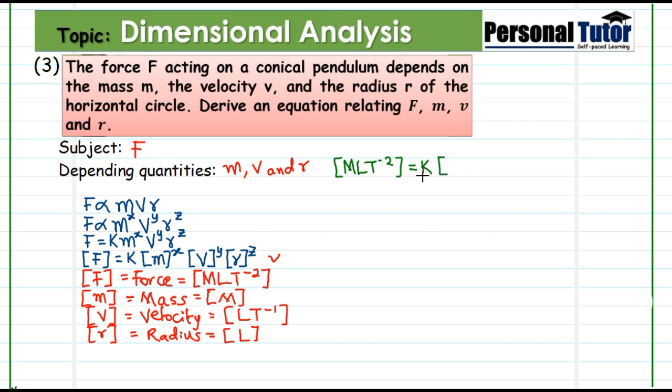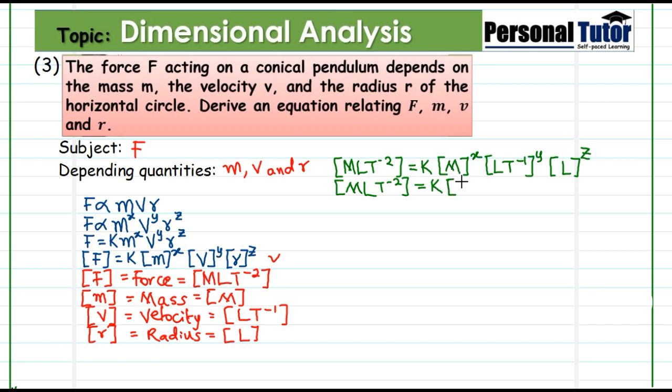Then for the place of the mass, a capital M to the power x. For the place of the v, L T minus 1 to the power y. And for the radius, L to the power z. So you take notice of this very well. You then expand the right hand side while the left hand side is maintained.